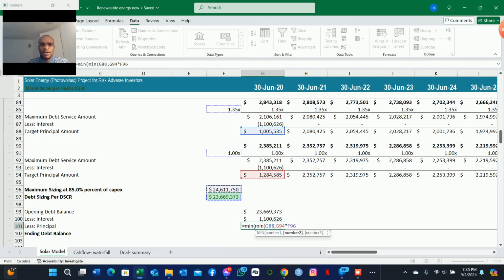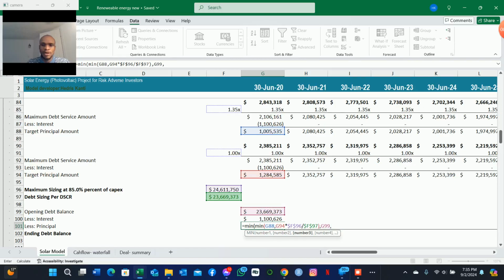So we take that reference and we divide it by the debt service per debt service coverage ratio, referencing that again with F4. So we are taking the minimum of those two or the opening balance here.